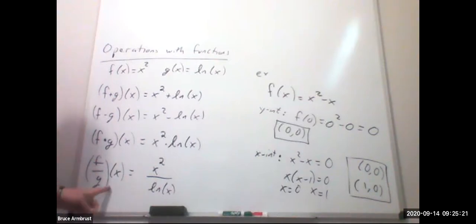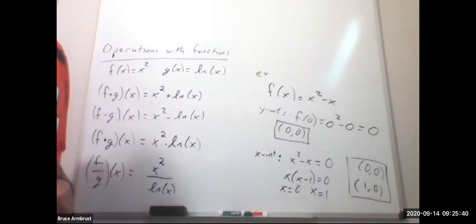There is one thing I do want to mention about the division, and this is not going to surprise anybody. What do you have to worry about with division? What's the ultimate danger? All right, cool. Yeah, you can't divide by 0. All right, thanks, Chase.